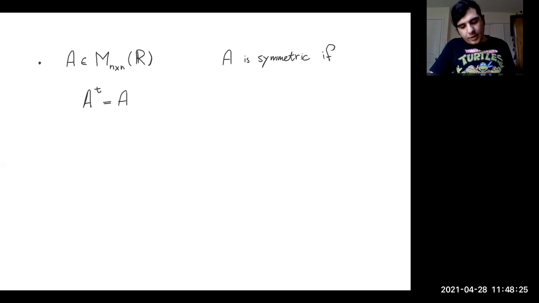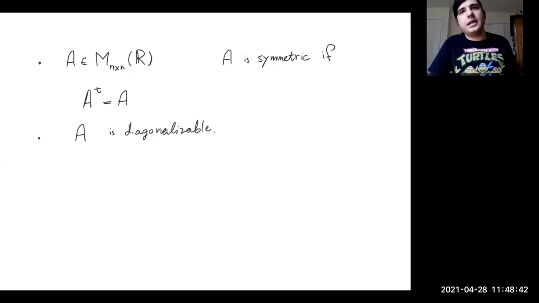Recently, we talked more about diagonalization. An interesting theorem is that any such matrix A is diagonalizable.